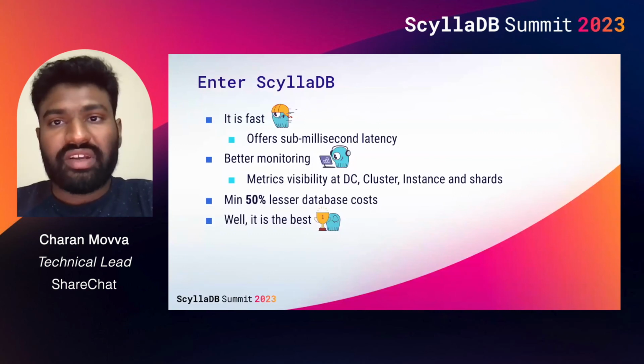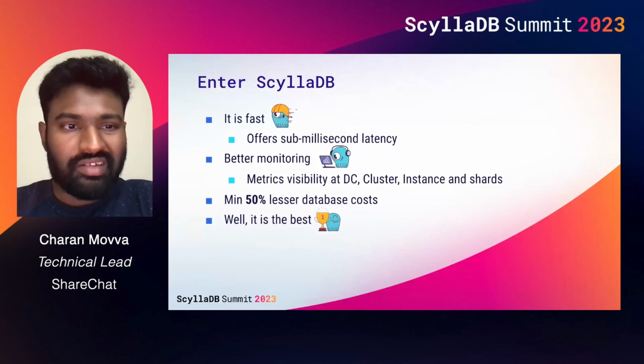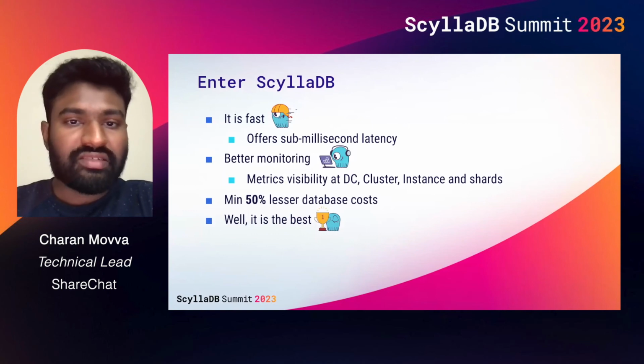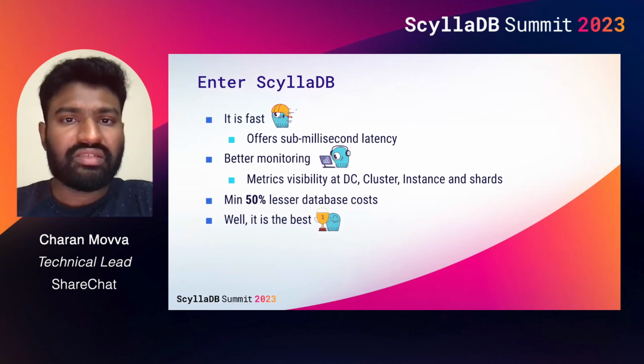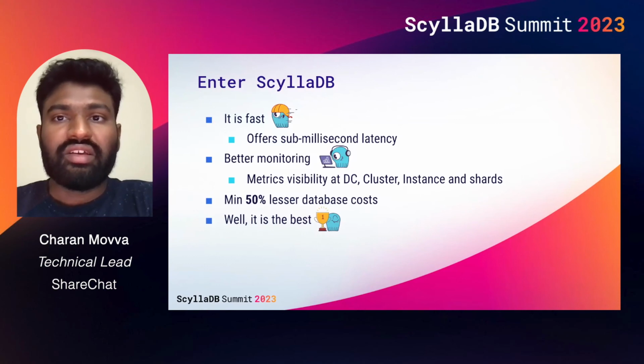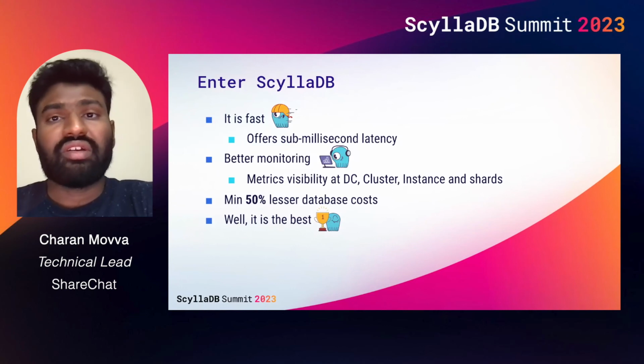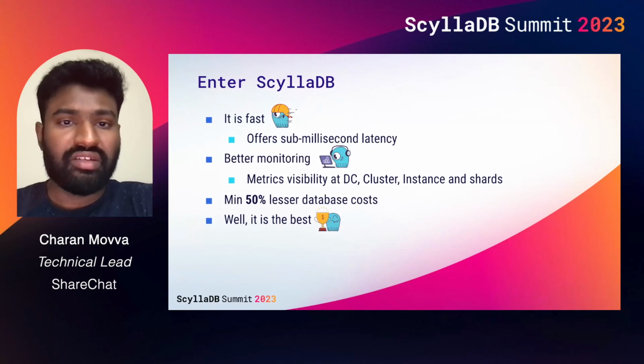So we have metrics visibility at data center level, cluster level, instance and shards. This gives us better visibility and helps in pinpointing issues around any abnormalities or mishaps that were not according to our expectations, right?